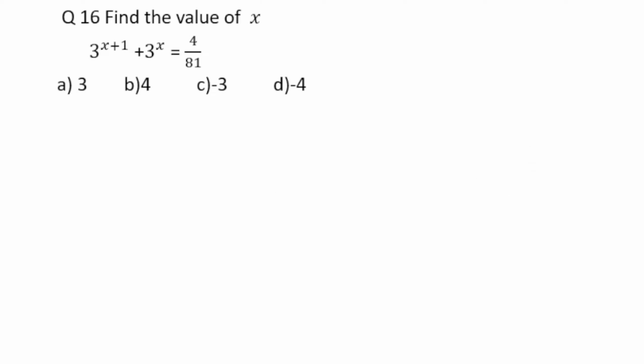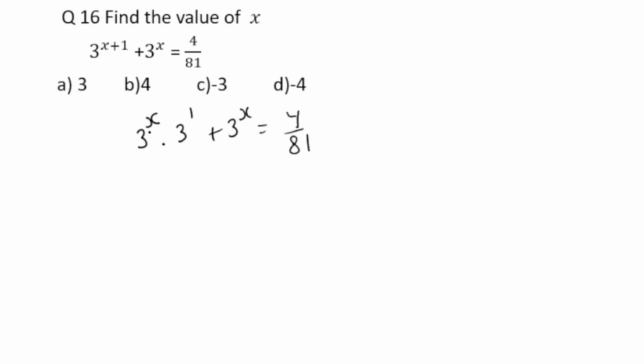Now move to question number 16. 3 to the power x plus 1 plus 3 to the power x equals 4 over 81. We can write 3 to the power x plus 1 as 3 to the power x multiplied by 3 to the power 1, plus 3 to the power x equals 4 over 81.